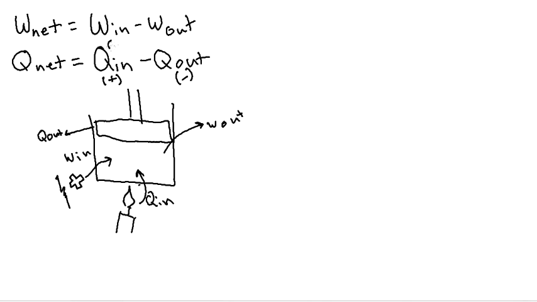W in is typically negative, I think. W out is typically positive. These two I'm not too sure about, but I'm pretty sure about the output ones. That makes sense. I hope this is right. We've got E in minus E out equals delta E sys.